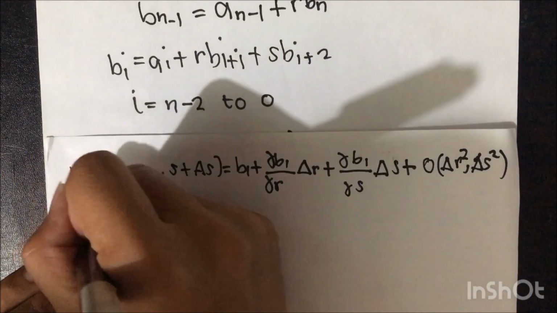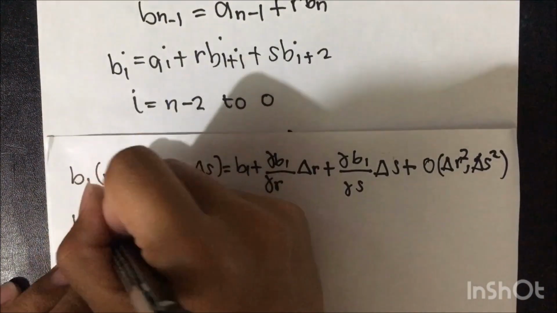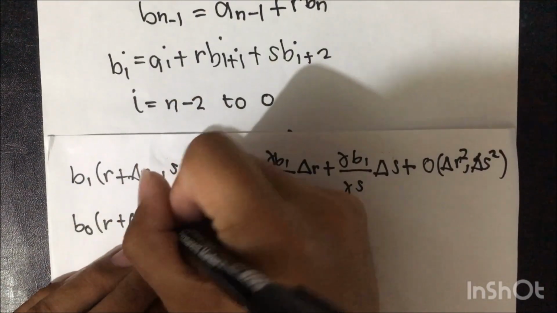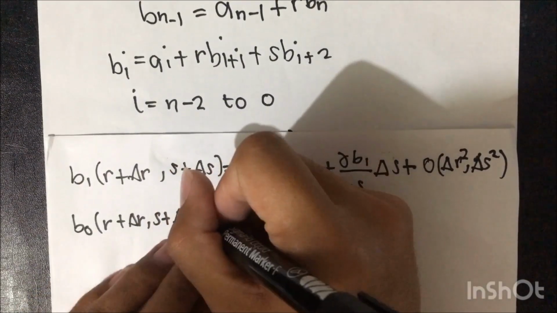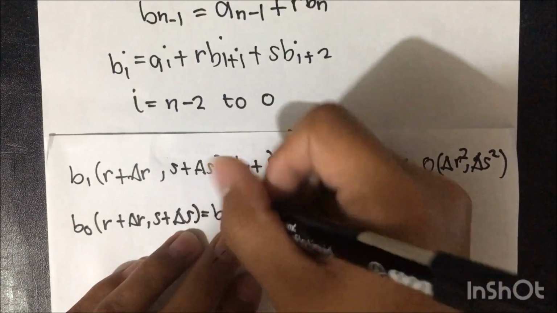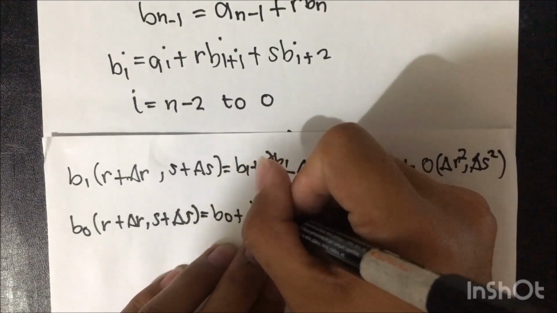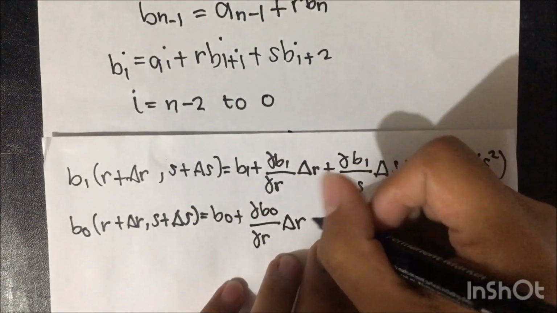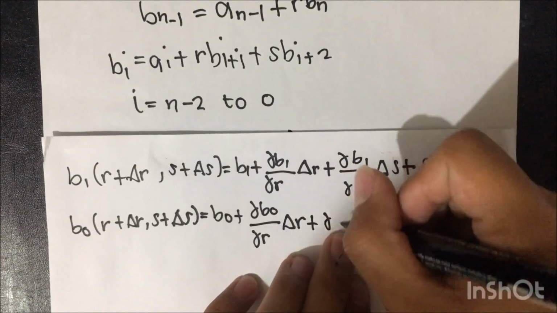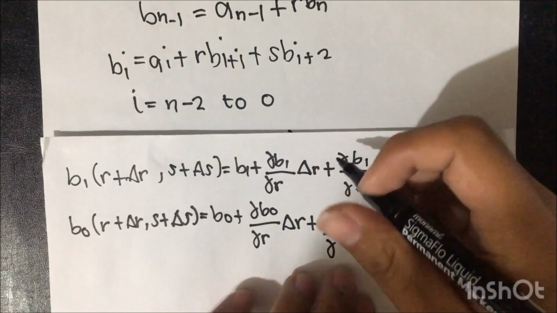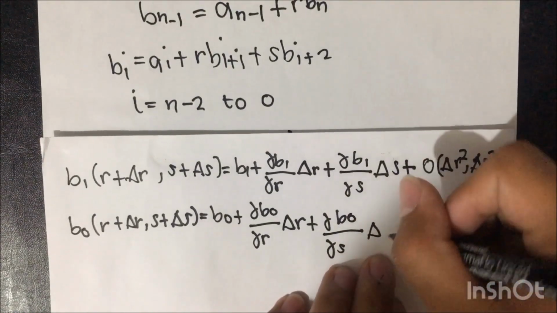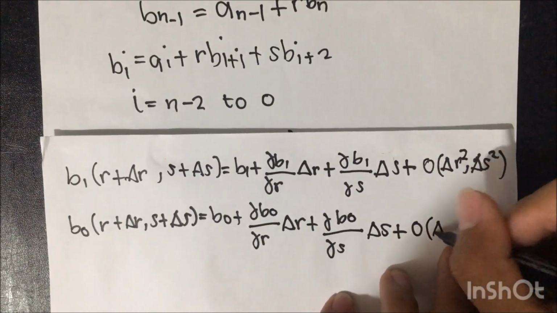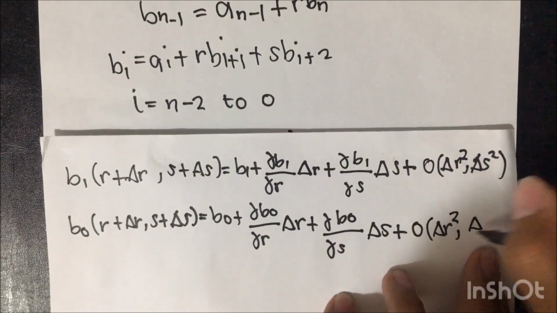And yung b sub 0 natin at r plus delta r and s plus delta s is equal to b sub 0 plus partial derivative of b sub 0 over partial derivative of r times delta r plus partial derivative of b sub 0 over partial derivative of s times delta s plus higher order terms in delta r squared and delta s squared.